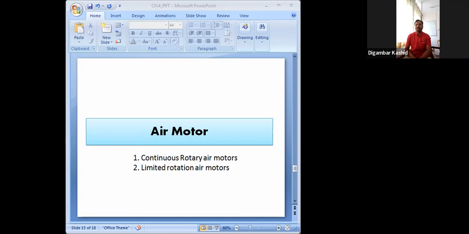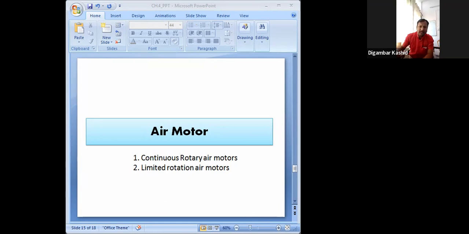Now, like our hydraulic motor, these air motors can be classified based on their degree of angular movement, sorry, movement, not momentum. In the hydraulic motor also, based on the degree of angular movement we saw two types: one is continuous rotary and second is limited rotary or limited rotation.